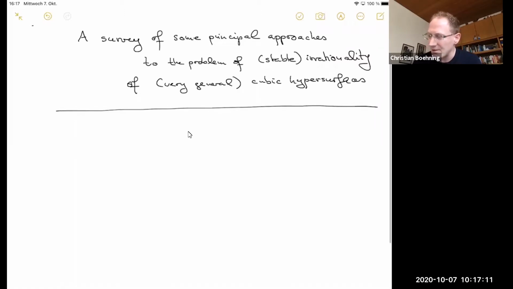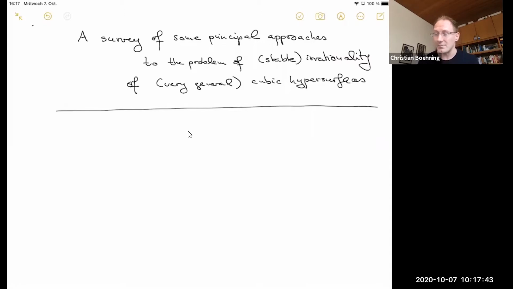Also, of course, this has all the disadvantages and advantages of a survey talk. The disadvantages being that it may be scarce on details and touch on a lot of somewhat unrelated topics in the course of the talk, but it may be advantageous to see all of these different approaches laid out in front of you in conjunction, so we can see where they fail and maybe learn something from it.